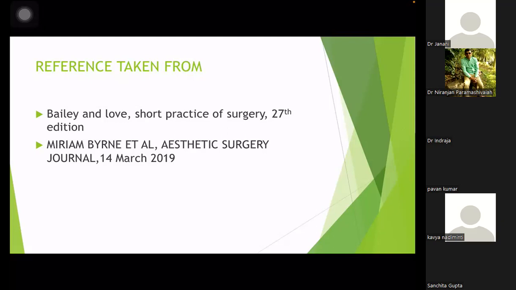See, I think one good take-home message would be: what is the ideal suturing technique for the abdominal wall? What is the ideal suturing technique for anastomosis? There is no randomized control trial to see what is the best suturing technique for abdominal wall, nor is there one for the anastomosis.